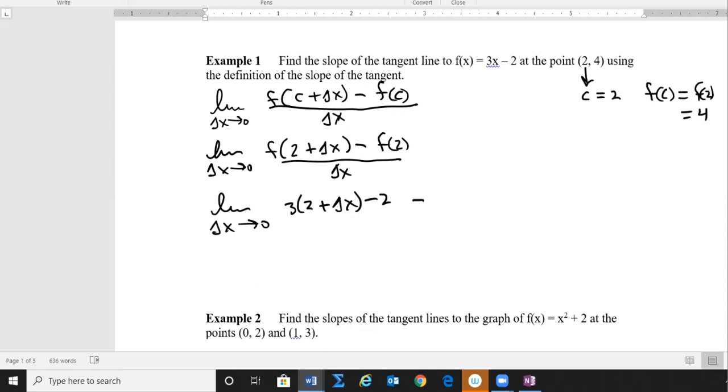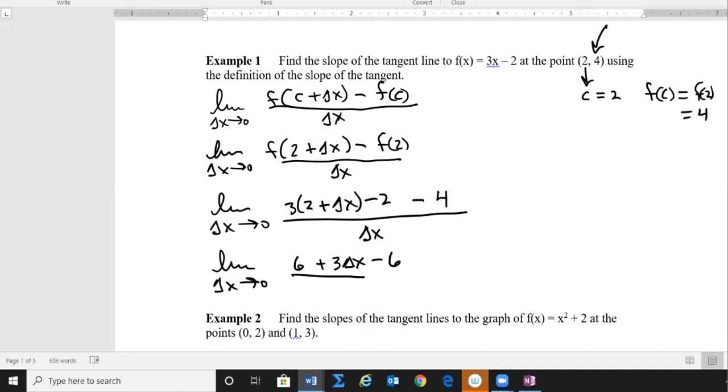Well, we already saw f of 2 is 4. That was given here. But we can also use the function to generate that number, over delta x. Now this becomes 6 plus 3 delta x minus 6 over delta x. Notice I'm doing my simplifying first, and at the end here, I'll try to do a direct substitution.